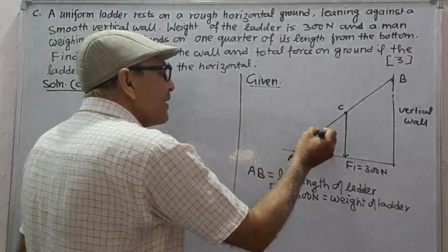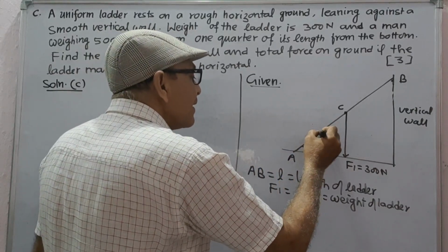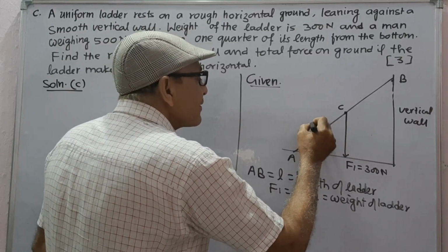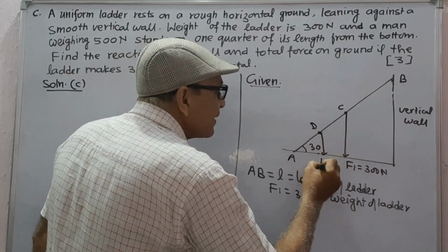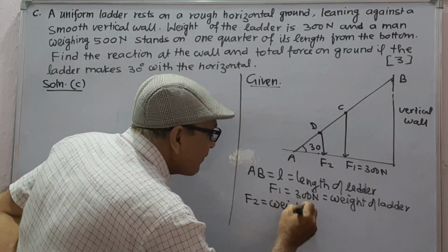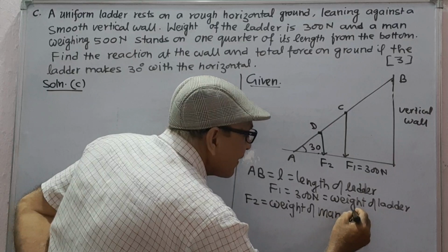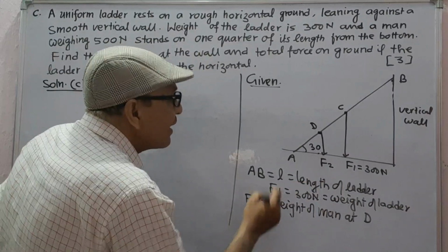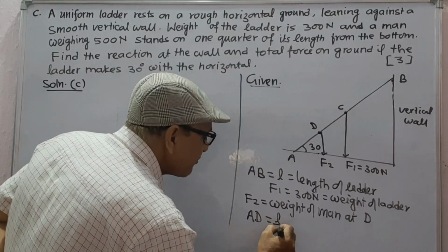A person stands at 1/4 of its length, means at point D. Suppose this is D. Its weight will be F2, the weight of the man at D, where A to D is 1/4, means AD is equal to L by 4.